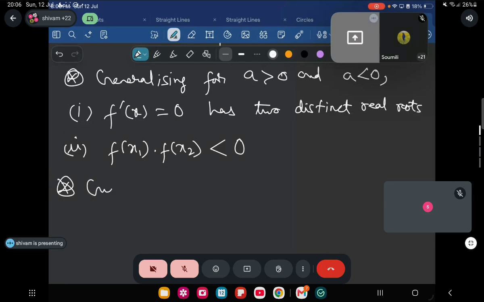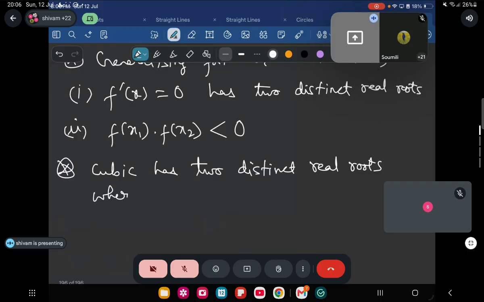Can a cubic have 2 distinct real roots, where coefficients are real? No, sir. Yes. No. Two people have said no. Abhigyan has said yes.